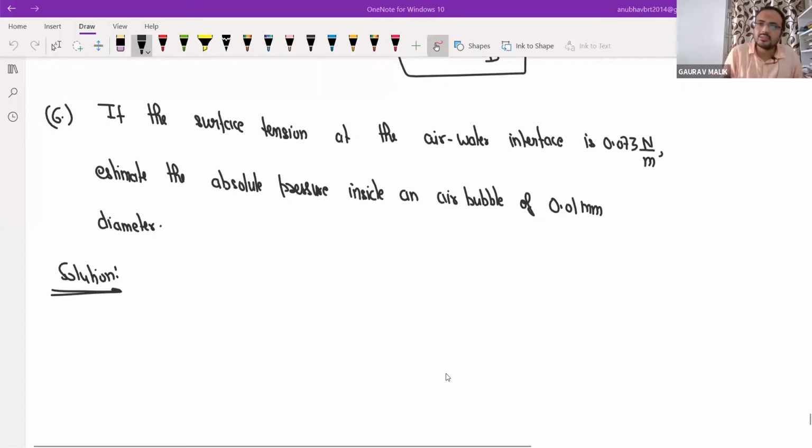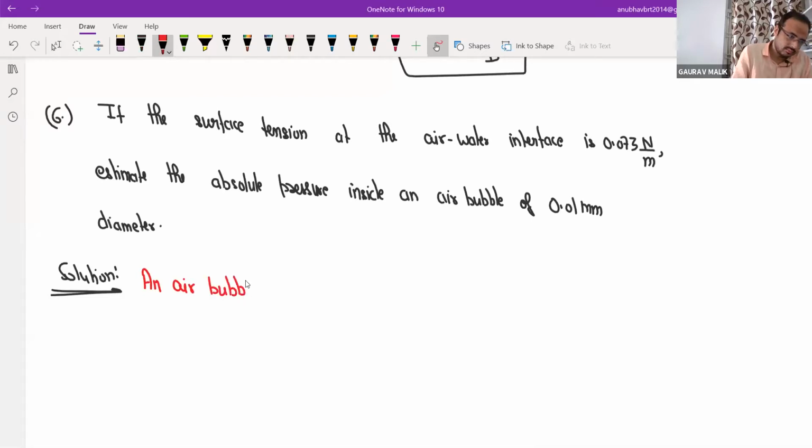And in the exam, they will ask questions like this also. Write down first, an air bubble has only one surface or one free surface.